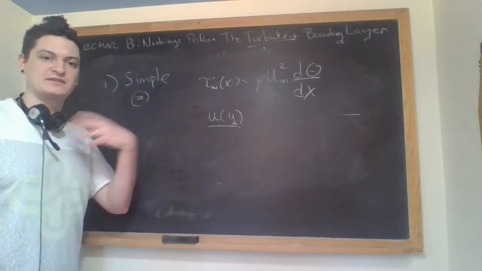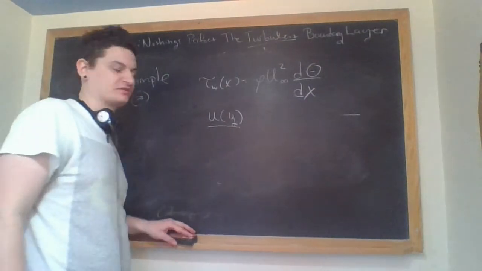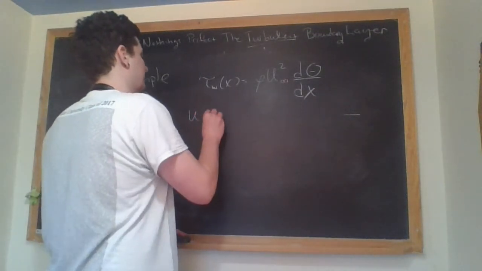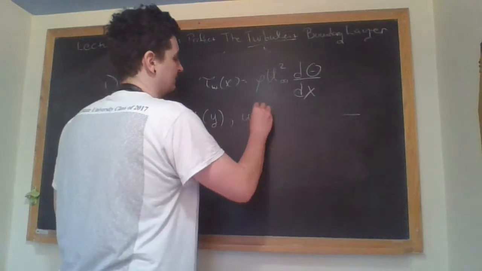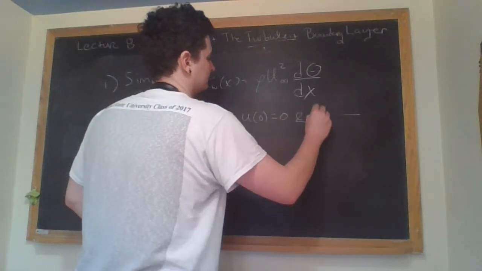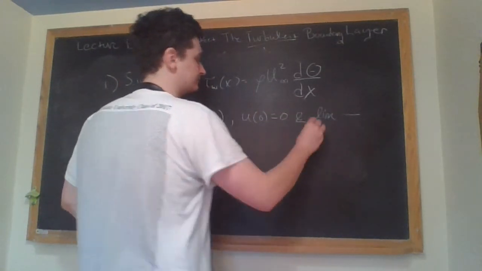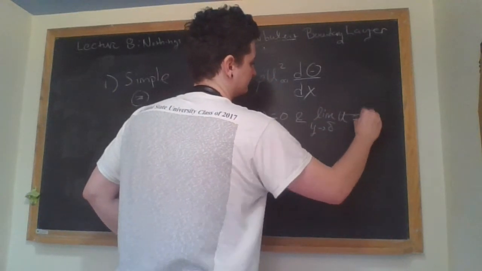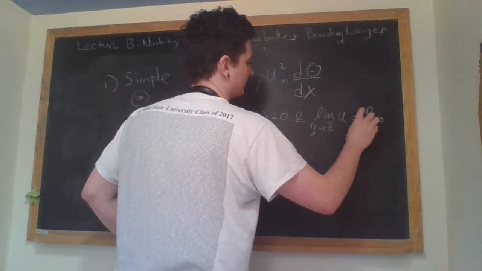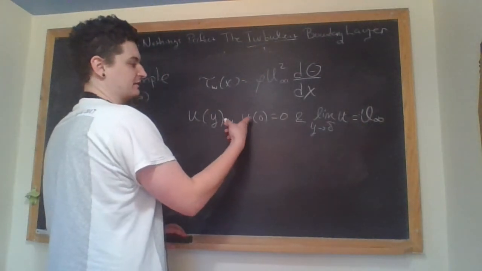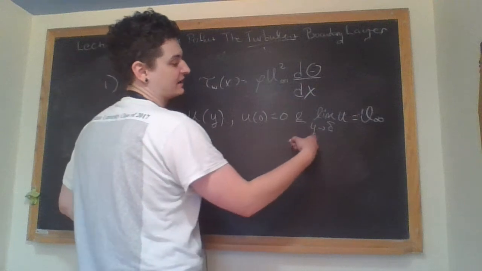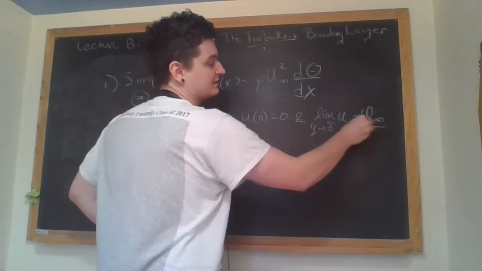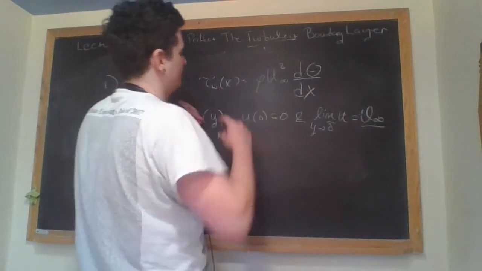I have the freedom to just plug in some sort of symmetric function that at least satisfies those boundary conditions. I can plug in any function as long as this is true. As long as at 0 I have no slip, and as long as I approach some boundary layer thickness, the delta, I will reach here. So you could plug that in and you can always get this.